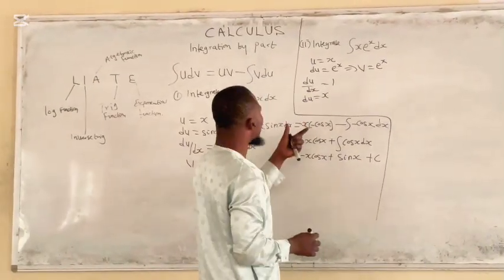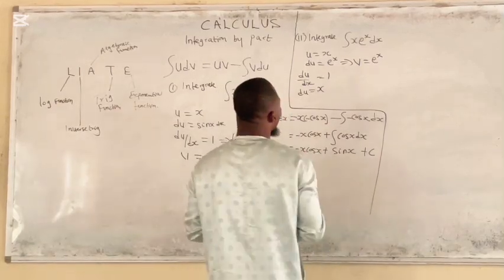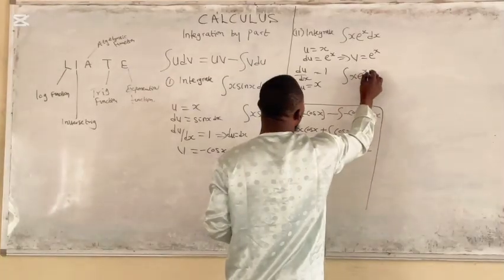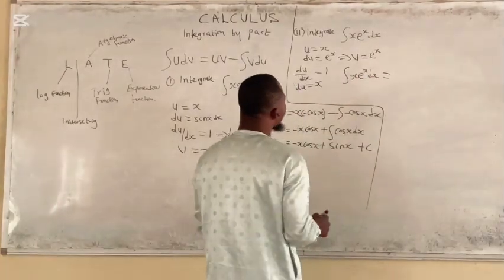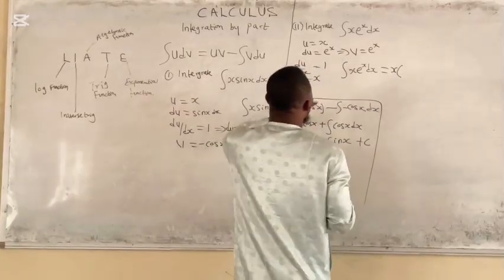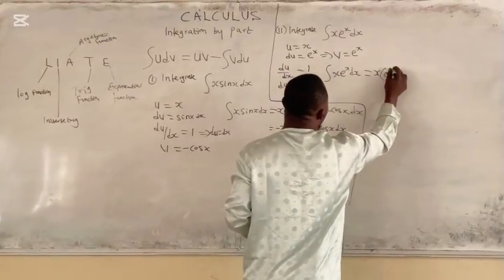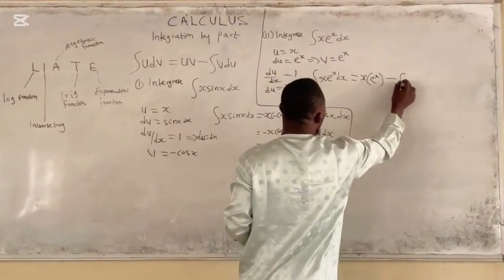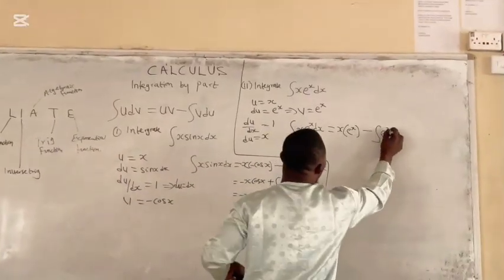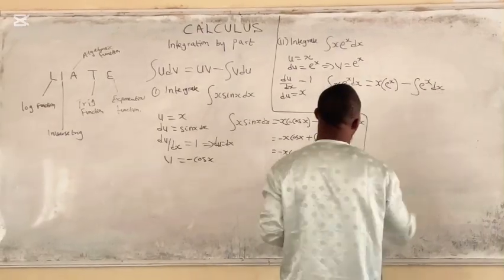We've gotten all the parameters needed to be substituted into the formula. Then we'll now substitute it back to the formula. That is, our integral of x exponential x dx will now be equals to our u, which is x, multiplied by our v, which is exponential x, then minus the integral of our v, which is exponential x multiplied by du, and our du is dx.